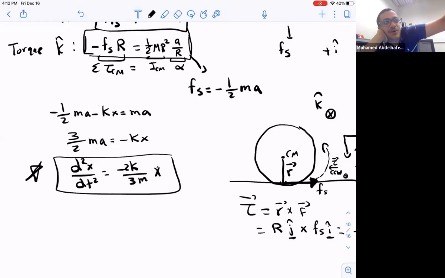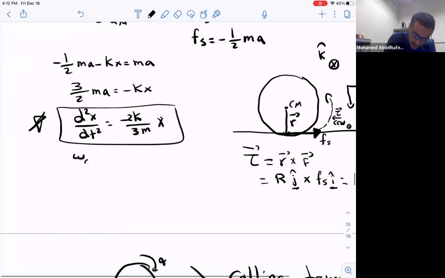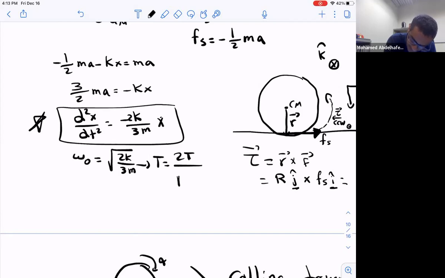That's really what we want in a harmonic oscillator. This constant is omega naught squared. So this is a harmonic oscillator, and its omega naught is root 2k over 3m. The period is 2 pi over that.